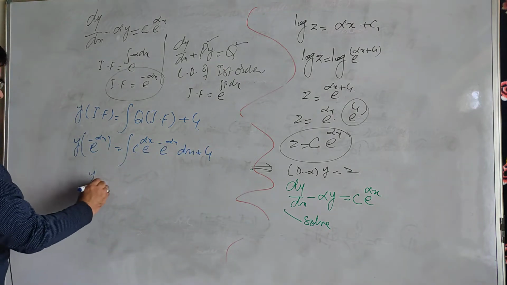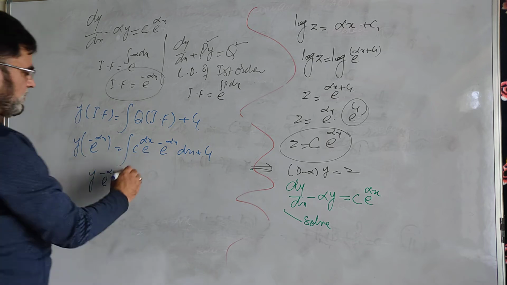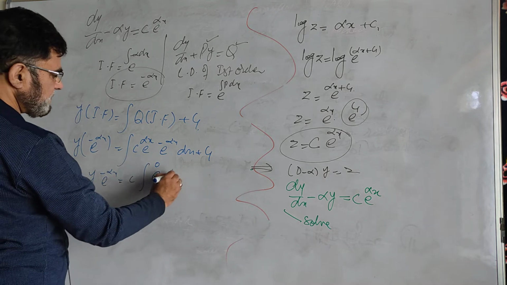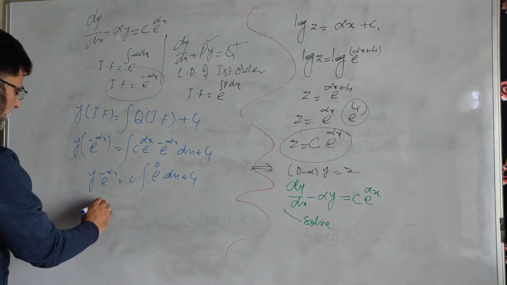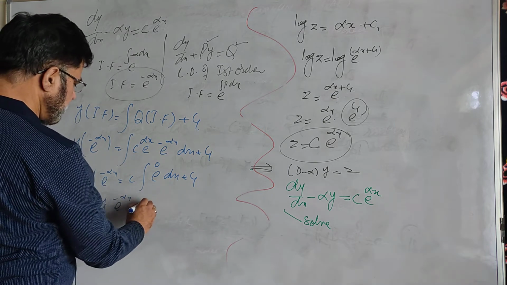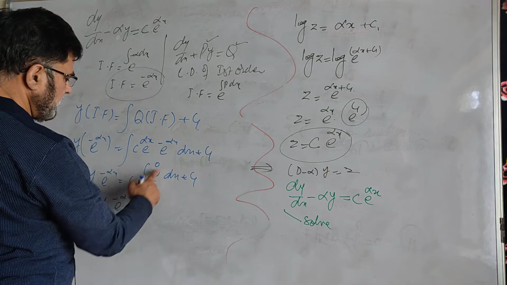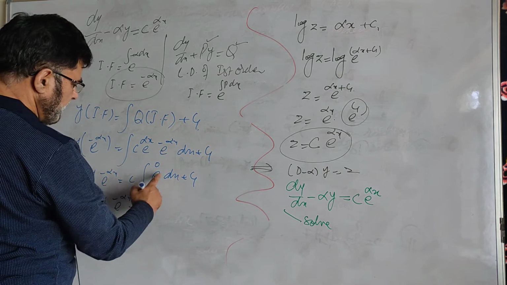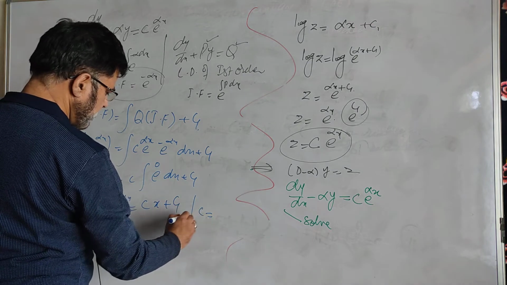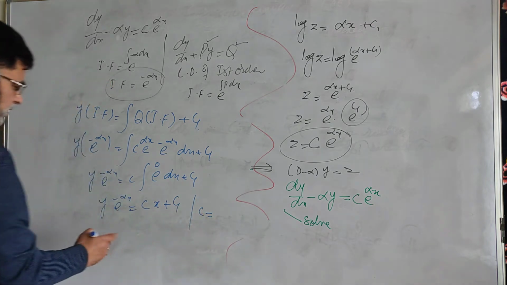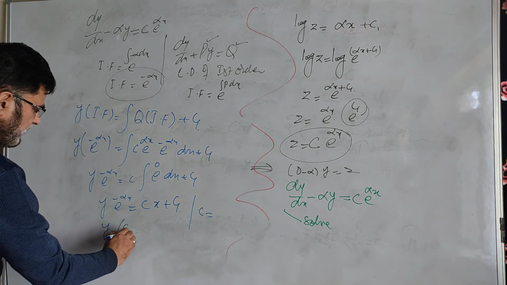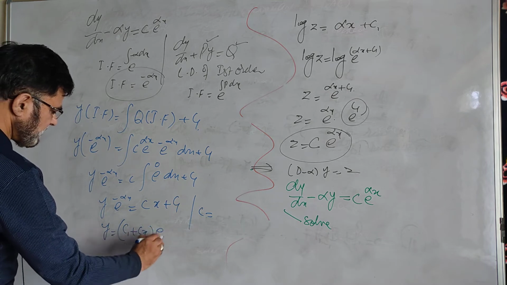So it is y e raised power minus alpha x is equal to c integral of e raised power 0 dx plus c1. This is c, this is 1, it is only x plus c1. You can choose c as c1 or c2. You can write y is equal to c1 plus cx e raised power alpha x.